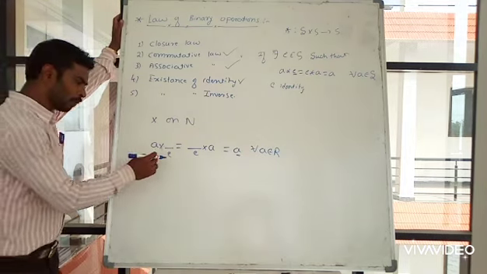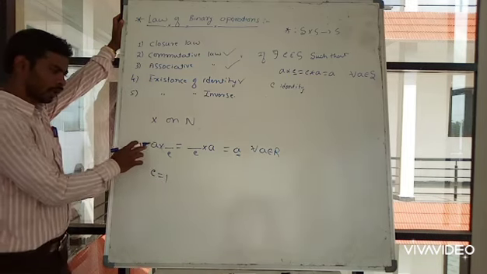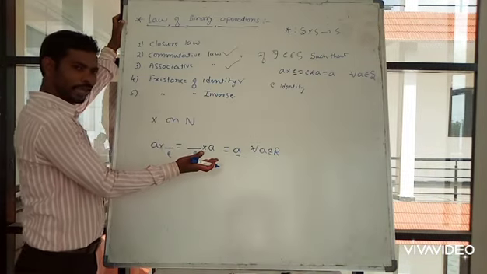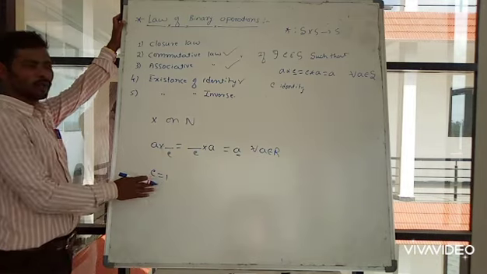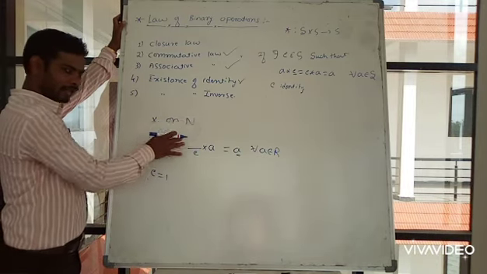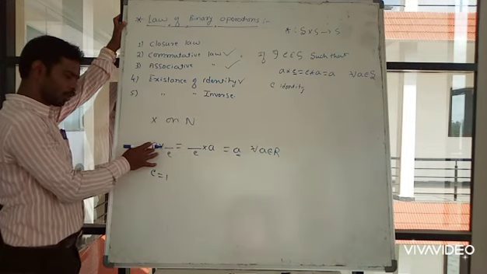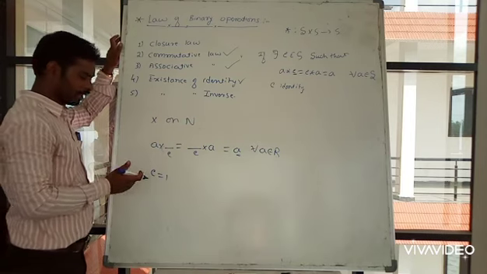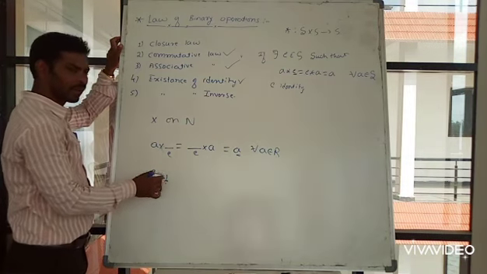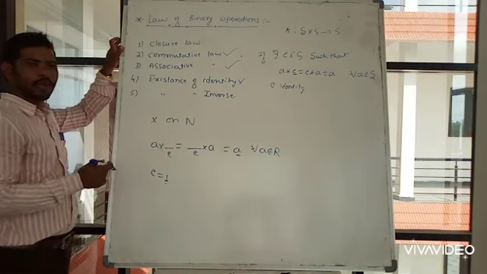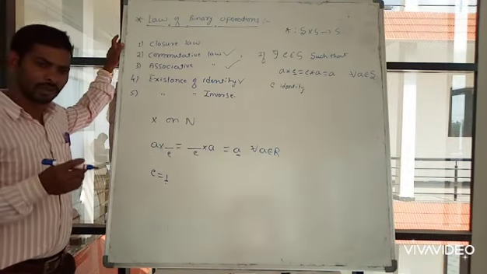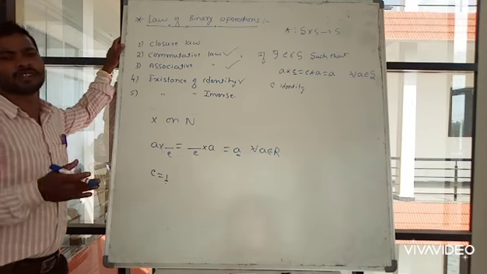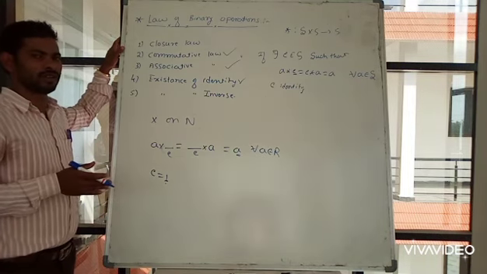If you put e equal to 1, a times 1 is a, and 1 times a is a only. 1 is a natural number, present in the set of all natural numbers. Therefore, e equal to 1 is the multiplicative identity on the set of all real numbers, and also on the set of all natural numbers.